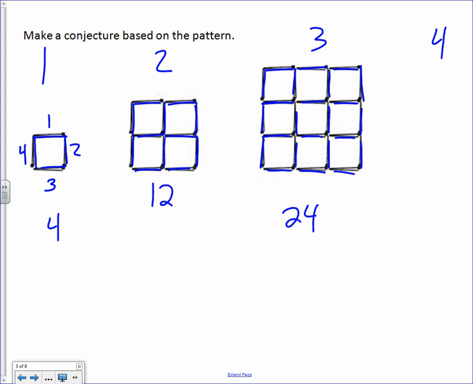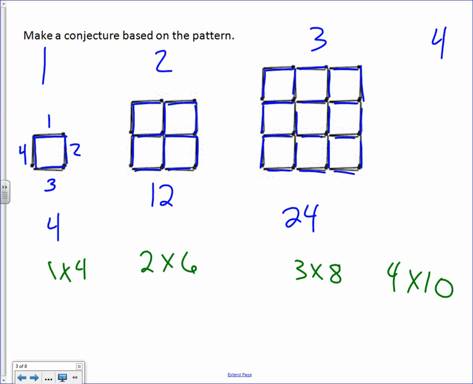What you might notice is that to get from 1 to 4, we would multiply by 4. We have 1 times 4 for our first pattern. For our second pattern, we have 2 times 6. And for the last pattern, we have 3 times 8. And so it would make sense that in our fourth pattern, we would have 4 times 10, where each pattern is increasing by 1.